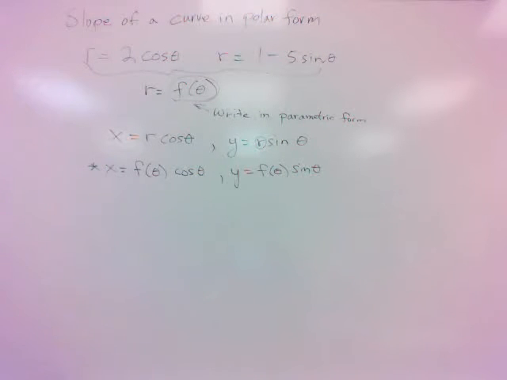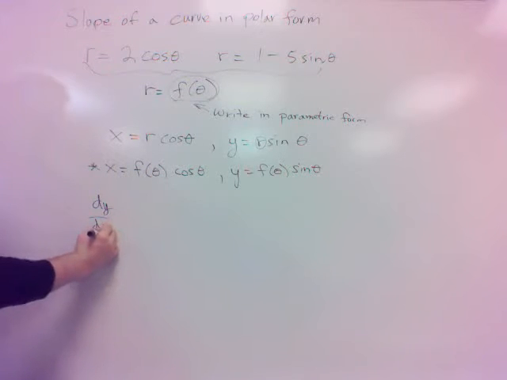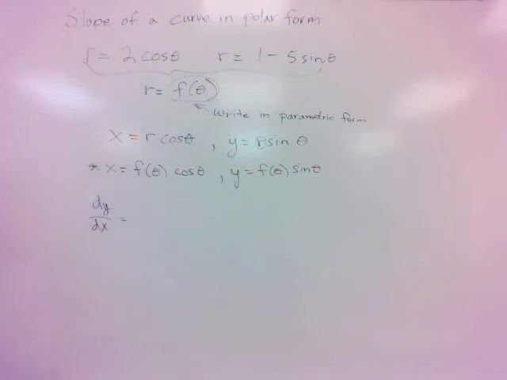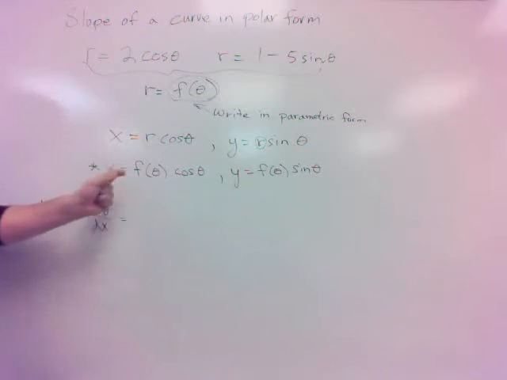And how does that help me? Well, that helps me because I now know that dy/dx, my slope, is still dy/dx, right? Guess how I'm going to do my derivative? I would do the derivative of the y over the derivative of the x.